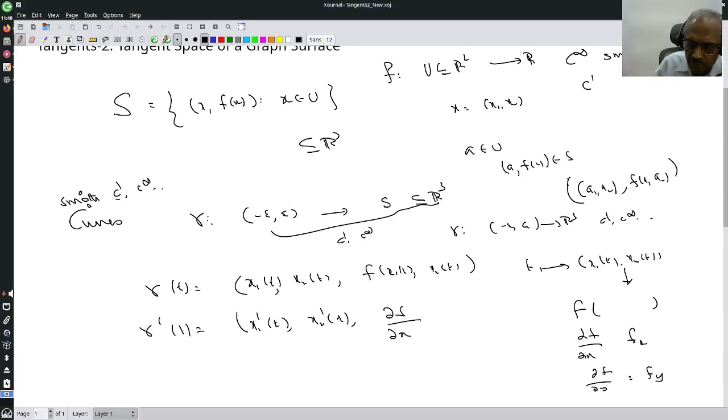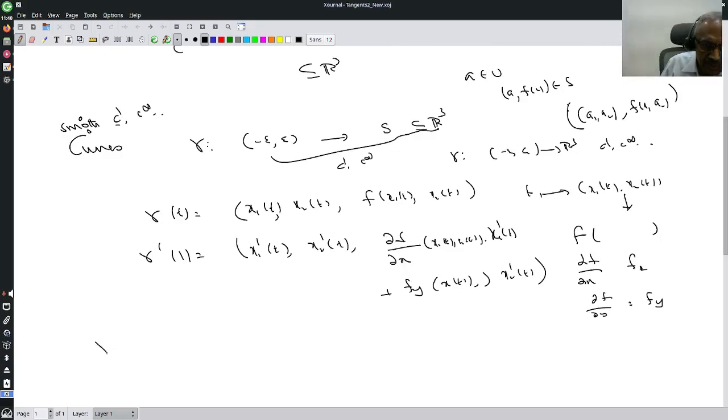Therefore the third component is fx at the point x(t) times x1 prime of t plus fy at the point x(t) times x2 prime of t, where x(t) is (x1(t), x2(t)).